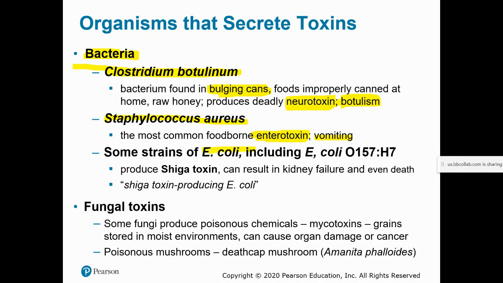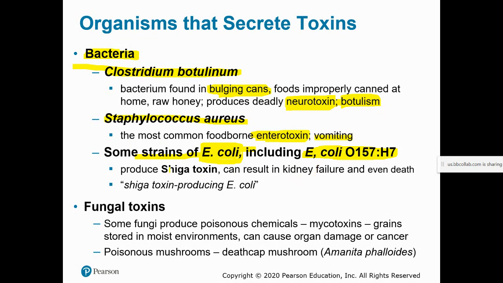And then you might also have heard of E. coli and different outbreaks of E. coli contamination. There are actually many different strains of E. coli, some of which are pretty benign and not harmful to us. But one of the more infectious strains is E. coli O157:H7.